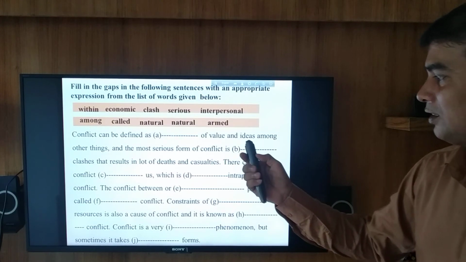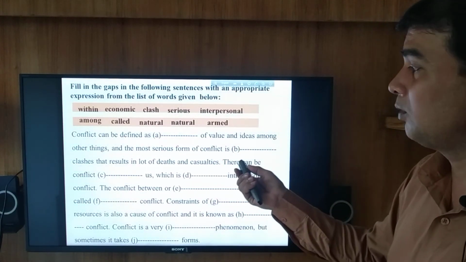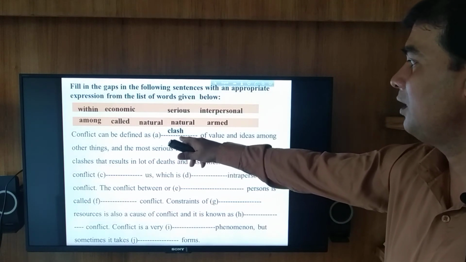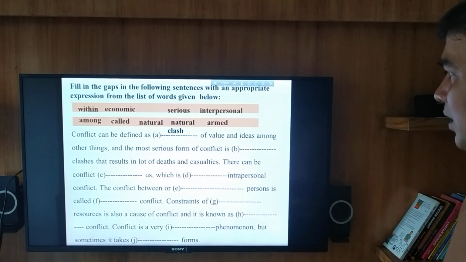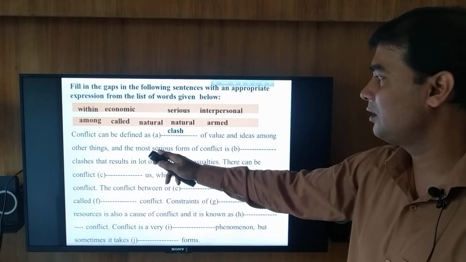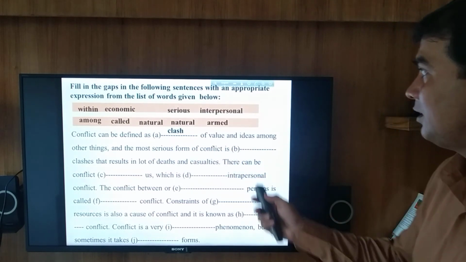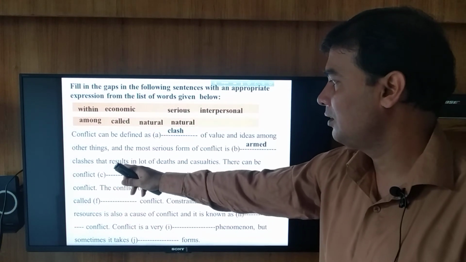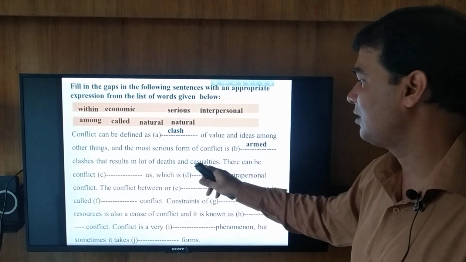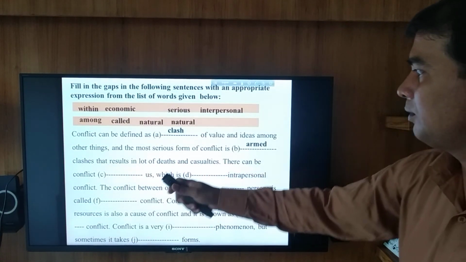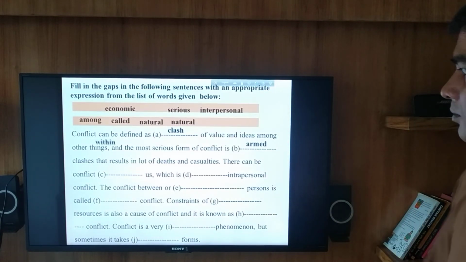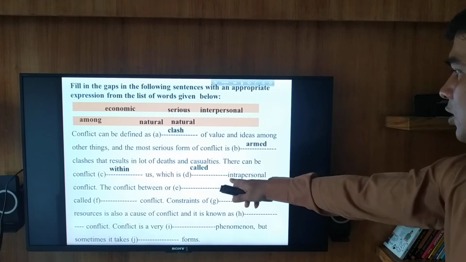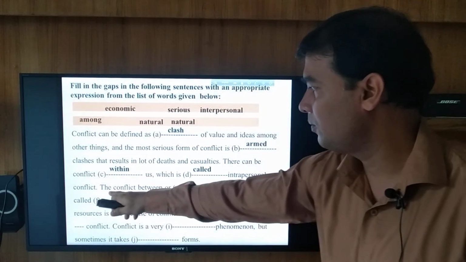You see the answer, or try to guess what might be the answer. Yes, conflict can be defined as clash of values and ideas among other things, and the most serious form of conflict is armed clashes that result in a lot of deaths and casualties. There can be conflict within us, which is called intrapersonal conflict.